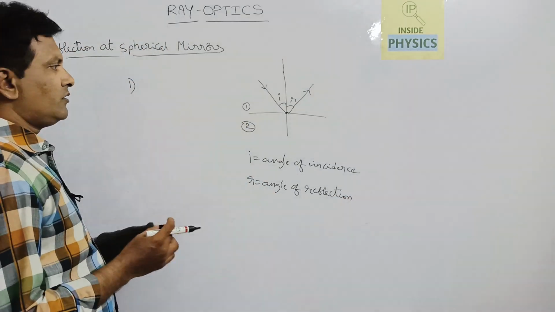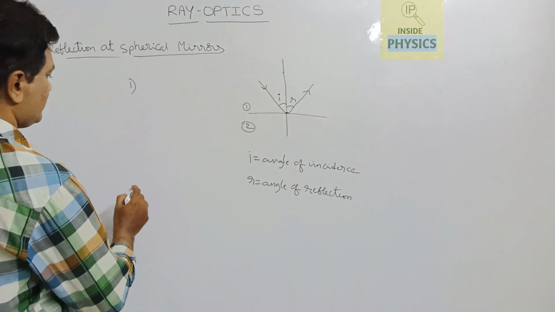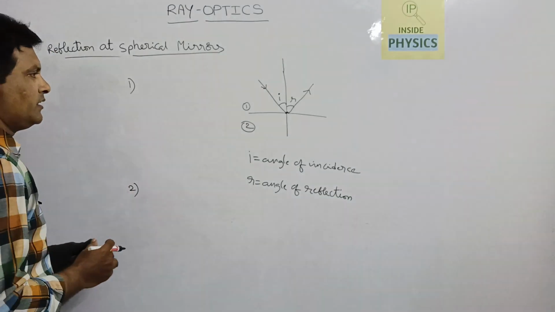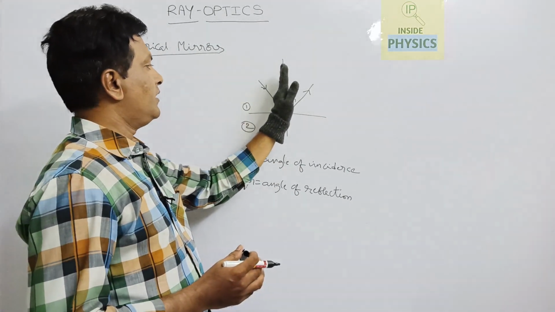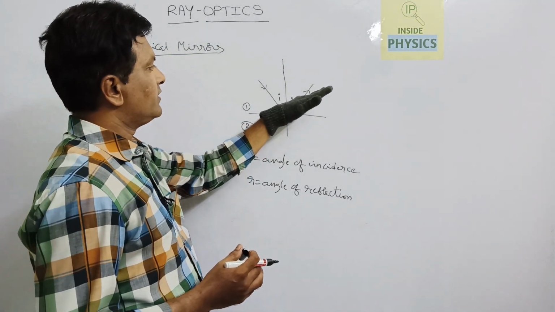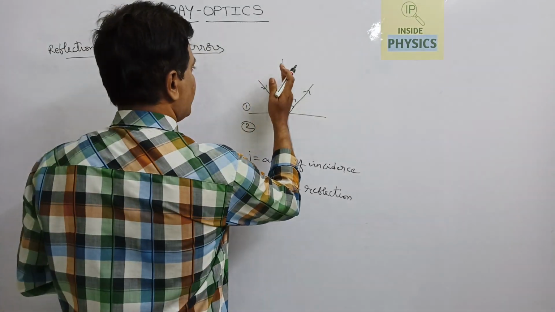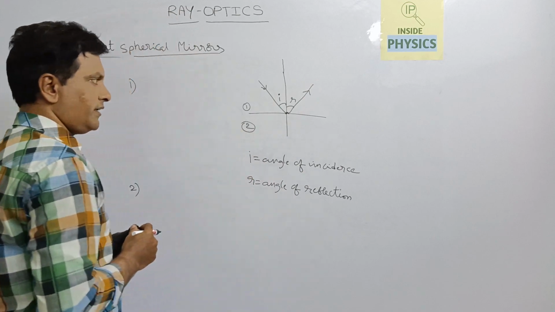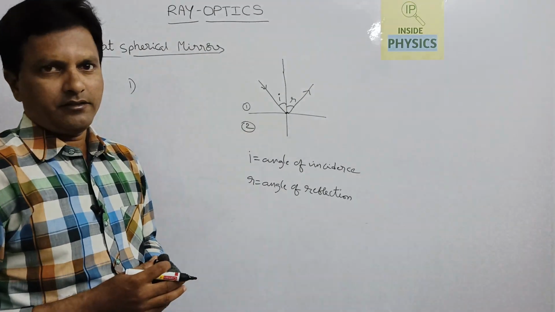What is the second principle? The incident ray, the normal to the interface, and the reflected ray, all three will be in the same plane.